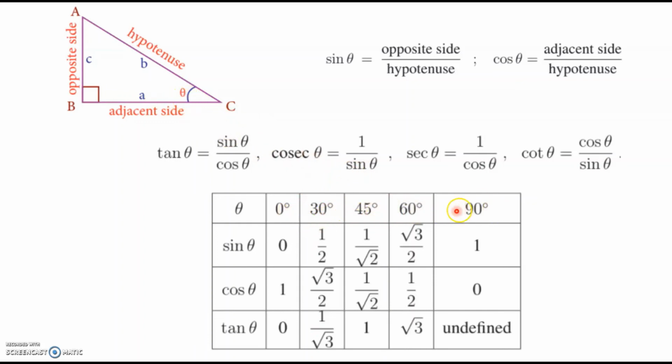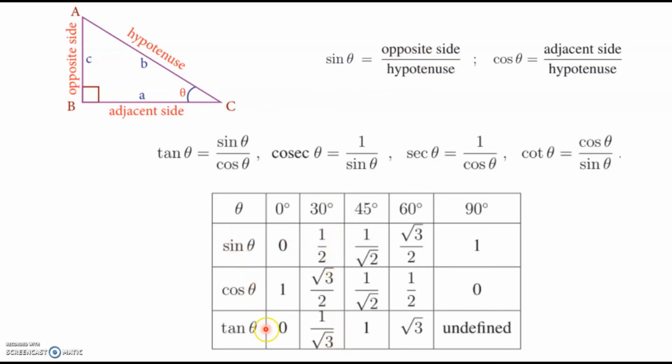The table gives sin 0 as 0, cos 0 as 1, and tan 0 as 0. When we say sin 0, if this angle is 0, then the ratio of the opposite side by hypotenuse will be 0. Similarly, for 30 degrees, it is 1 by 2, root 3 by 2, and 1 by root 3 for sin, cos, and tan.